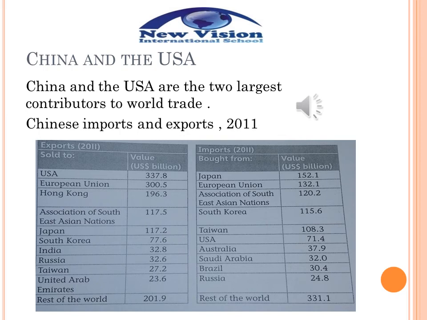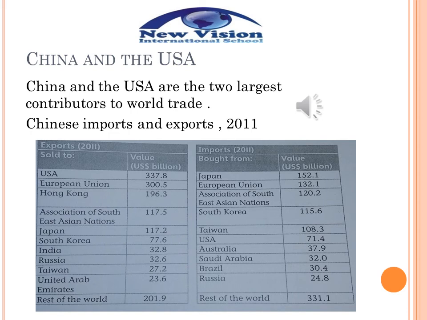Through this table, we will take an example. China sold some goods to the USA and the value was $337.8 billion. And the top 5 products exported from China to the USA and the value: clothing and footwear, $52 billion.